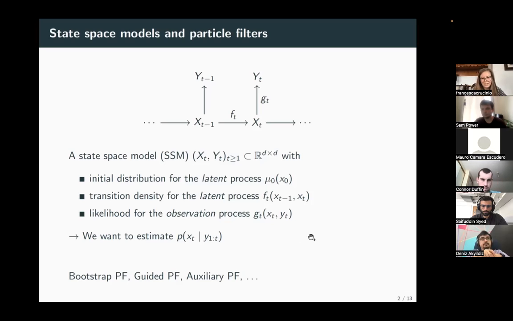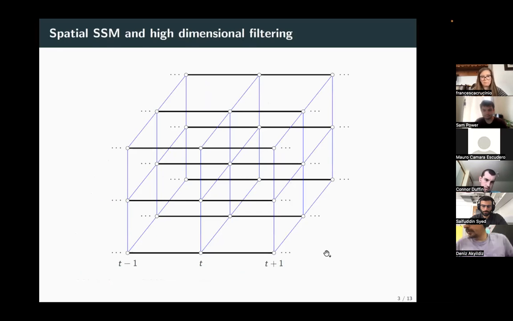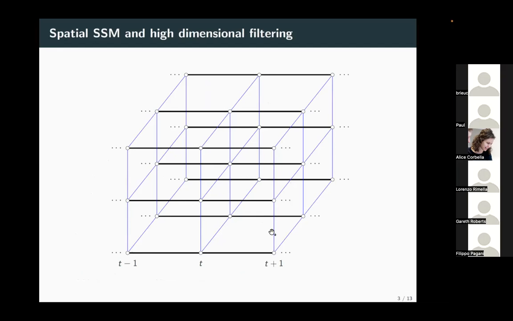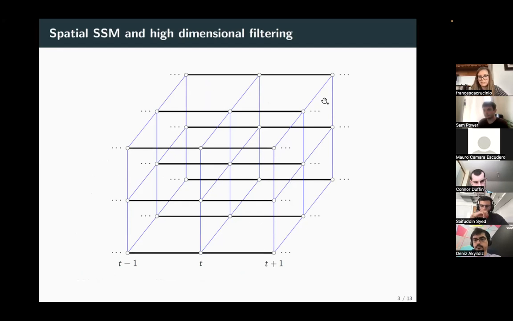So why, if we already have this type of algorithms, do we need a new one? Because the problem that we're interested in is a bit special, in the sense that it is what I call a spatial state space model. So this is just a representation of the latent space, the x's that we had in the previous graph. We have time on the horizontal axis, and now the state space is actually this sort of grid. So each one of these points is one component of the state space.